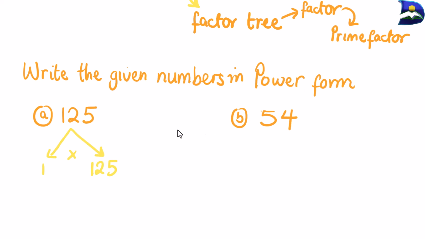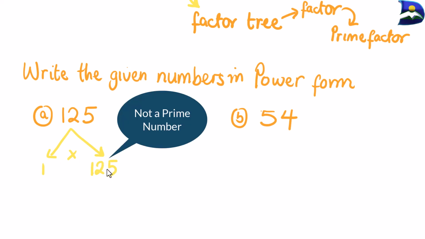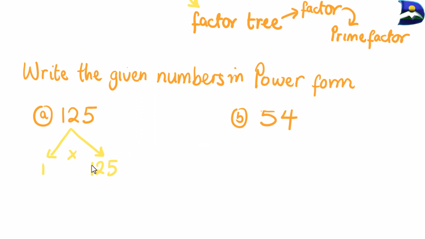Yes, 1 times 125 will give you 125, but you're breaking this down into prime factors, which is not the case, because this should be broken down as well into 2 different numbers other than itself or 1.